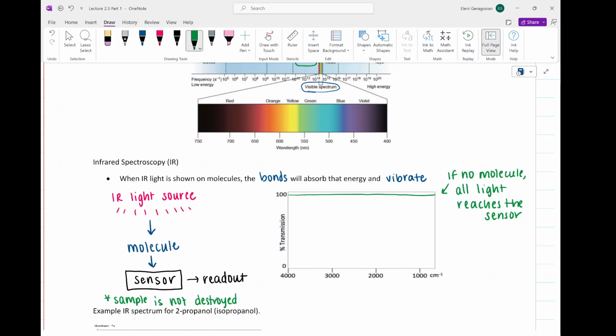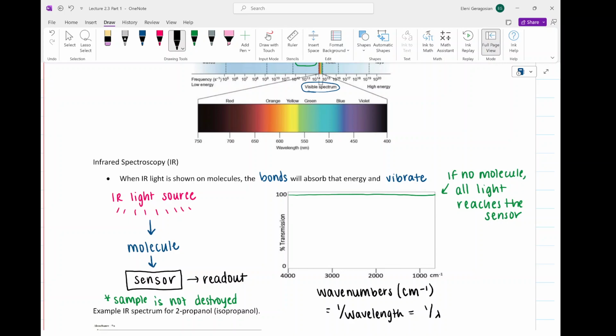And then light energies on the spectrum are measured in wave numbers, in units of centimeter to the negative first power. This is equal to 1 over wavelength, or 1 over lambda, which is the symbol that we use for wavelength in chemistry and physics.